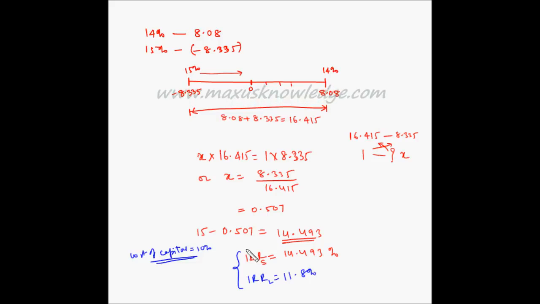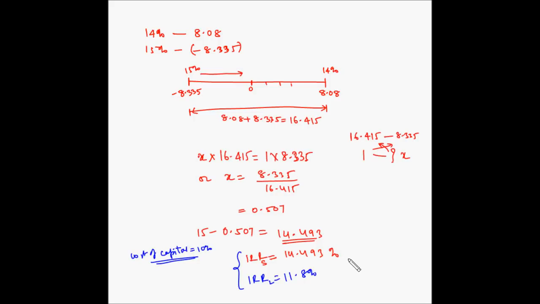Hence, if both projects are independent of each other, then both the projects should be accepted. However, if they are mutually exclusive and only one of them can be accepted, then project S should be chosen as it is giving a higher internal rate of return.